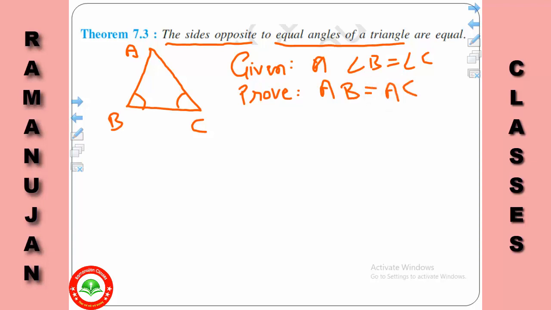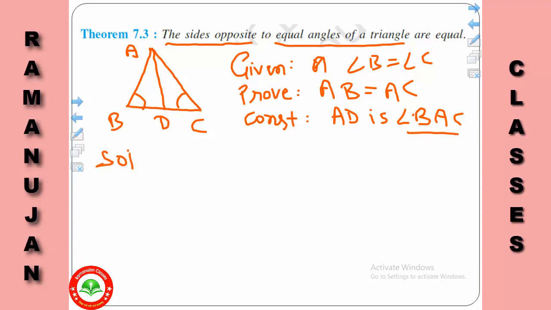So we have to make a construction because the information given is not sufficient. We will draw an angular bisector AD. AD is the angular bisector of angle BAC.